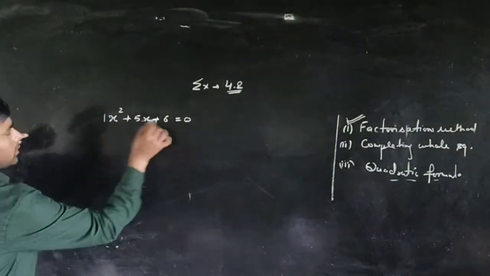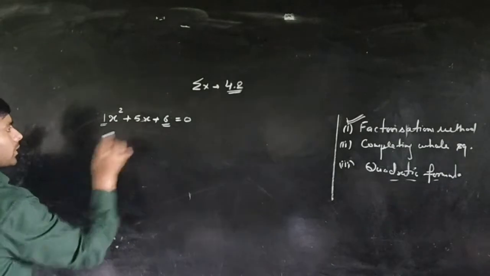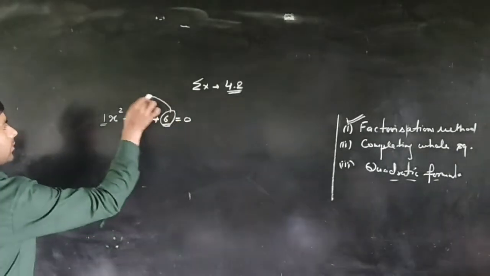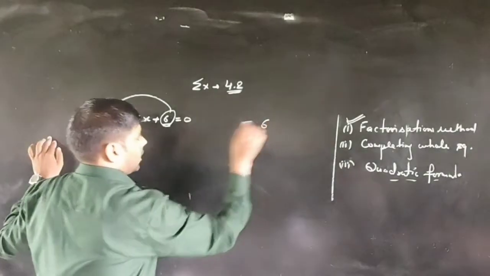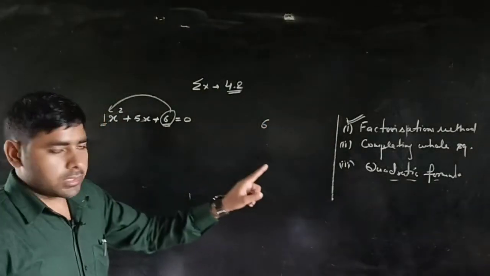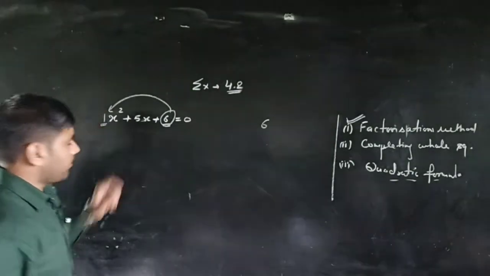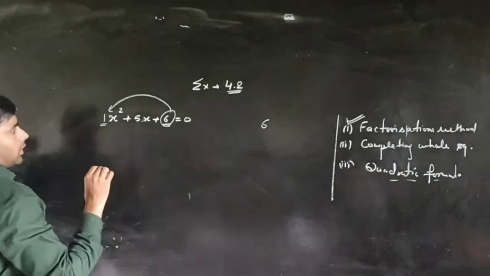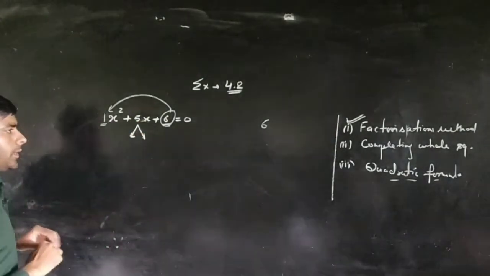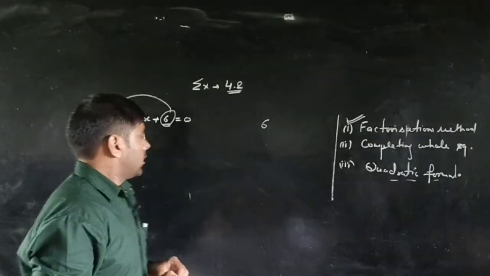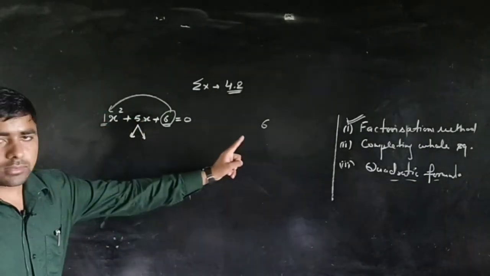First of all, this is the constant term and this is the leading coefficient. Multiply the constant term by the leading coefficient: 6 times 1 is 6. We can also call this factorization method the splitting the middle term method. We have to split 5x into two parts such that their product is 6.